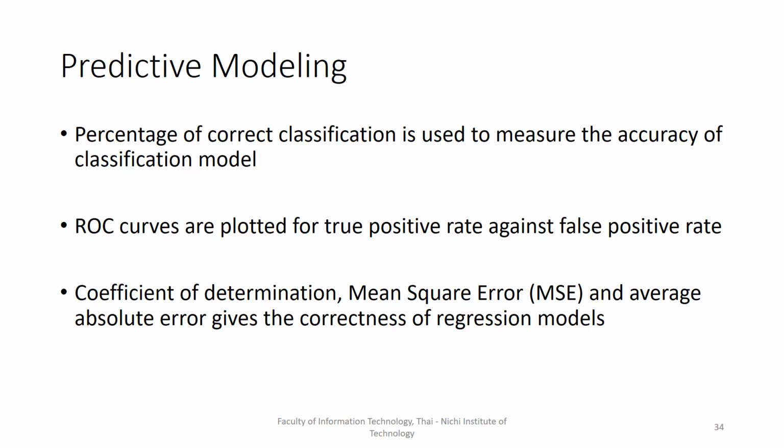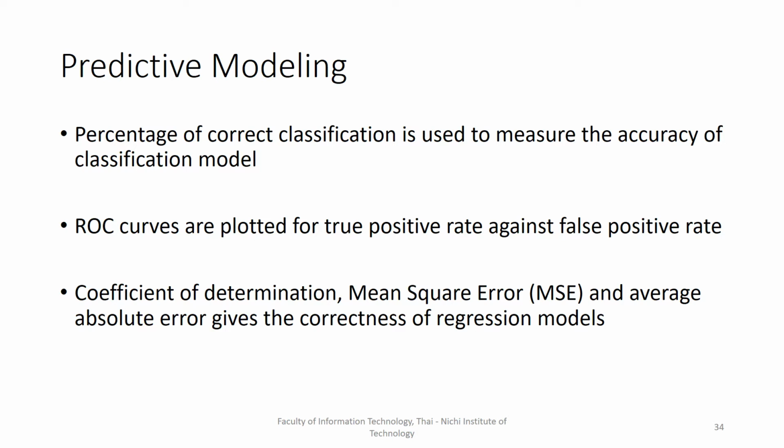Again, in the classification model, we have certain test data, and if this test data is positive in the actual label, and the predicted label is also positive, then it is a true positive. If the label is false but we predict it as positive, then we say it is a false positive. So the curve which is plotted with true positive rate against the false positive rate is called the ROC curve, and it is also used in classification models.